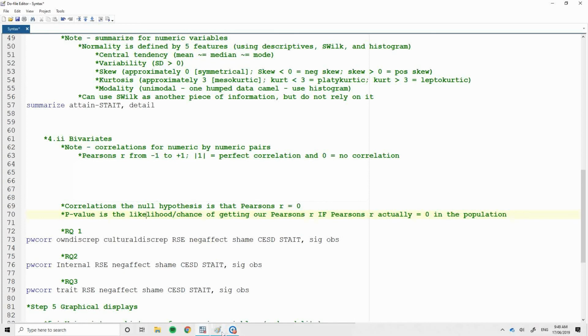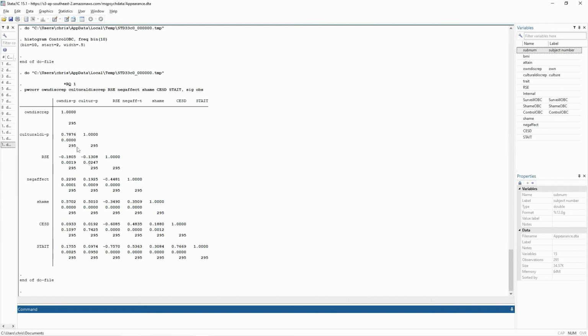So in this case, what our p-value actually represents is the chance that we could actually get a Pearson's R of 0.79 if in the actual population that Pearson's R is 0. So it's the chance of getting that value if in the population the null hypothesis was true.